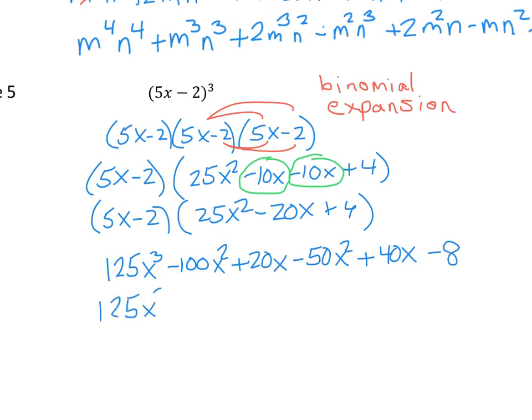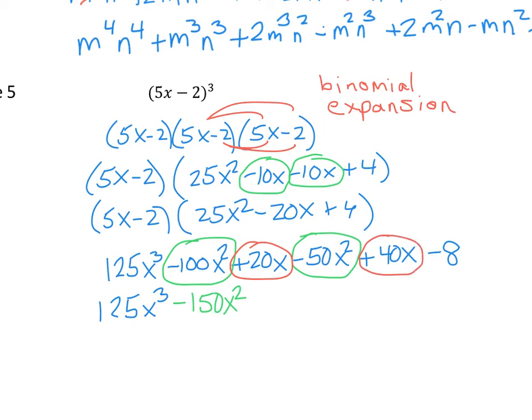My 125x cubed has no other like term, but I do have negative 100x squared and negative 50x squared. So I could combine those two. And I do have positive 20x and positive 40x. And then I just have my constant.